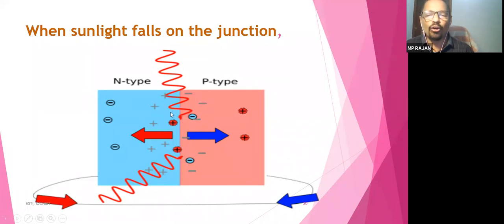So there is a flow of electrons towards the N-type. Here the number of electrons will be increased. Here the number of holes will be increased. That means electrons are reaching this side, holes are reaching here. It is just becoming like a battery having negative potential here and positive potential there.